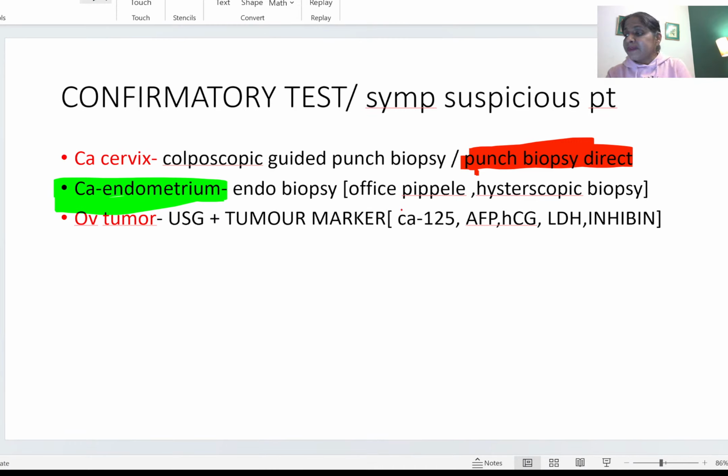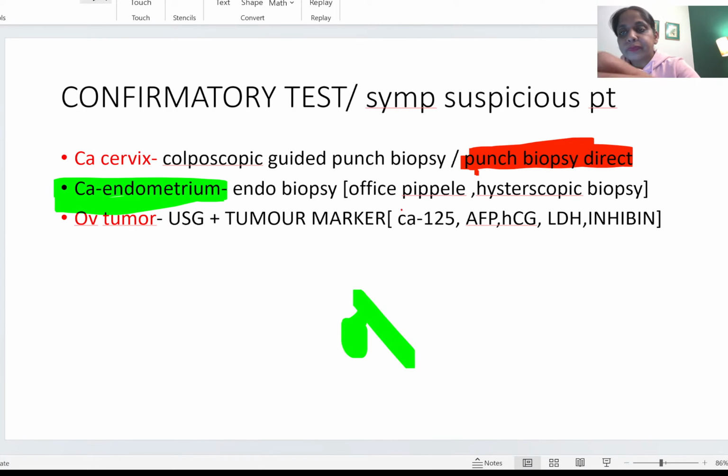The biopsy which is very commonly done is the Pipelle biopsy, because it is a refill-like instrument from which we take the endometrium. No anesthesia is required, nothing is required.